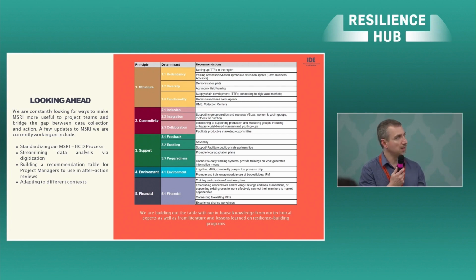But trying to make that a bit more systematic, because when you're talking resilience, you're not talking one little sector. It is the breadth of their livelihood and beyond just the financial aspect, but their home life, their social skills, etc. So that is quite huge. So that's something we're looking at, and we'd love to partner with others. And with that, I think I will close here and say thank you very much.